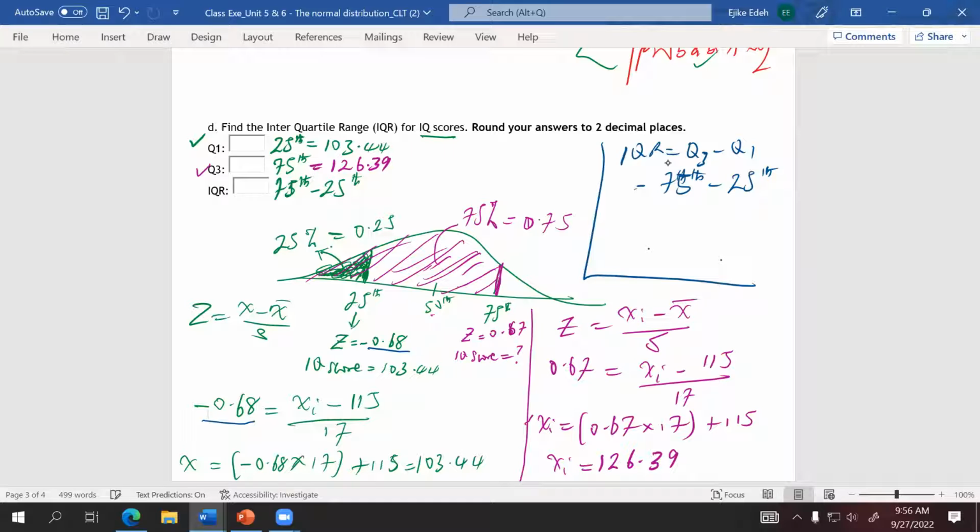We already know here that the 75th percentile is 126.39. I'm going to subtract the 25th percentile, 103.44.